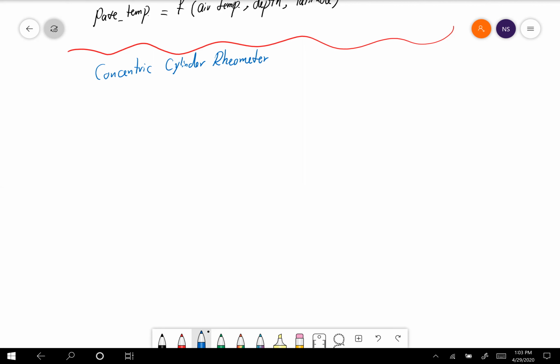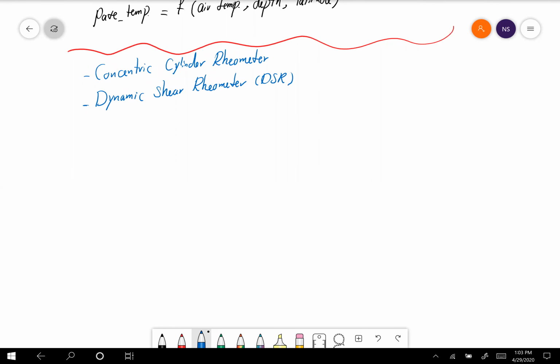The next one is the DSR test, so dynamic shear rheometer, or DSR. As we mentioned, we are considering both short-term and long-term aging of asphalt.